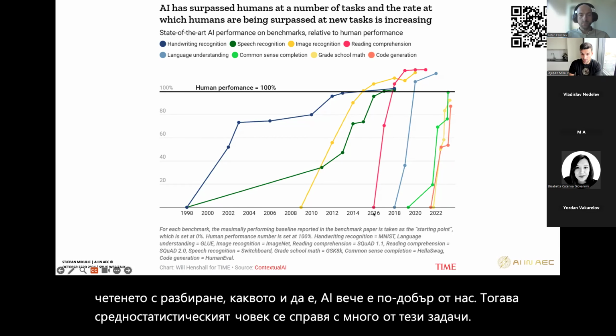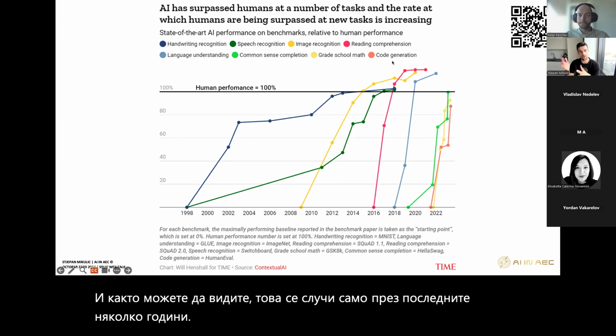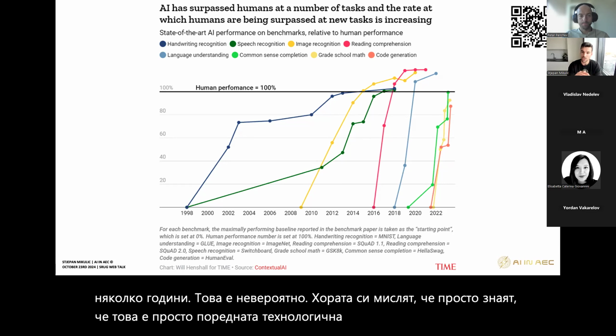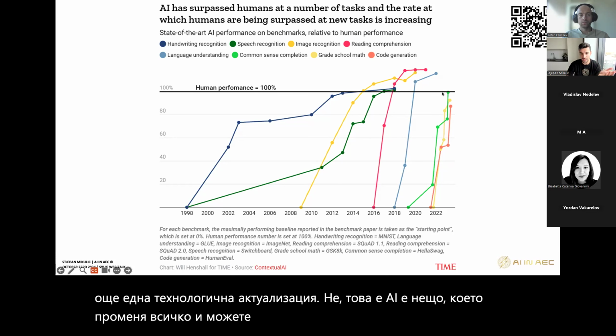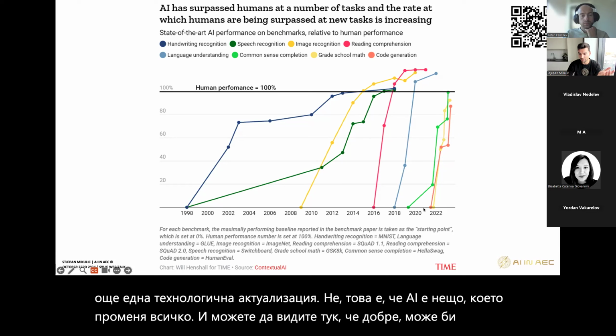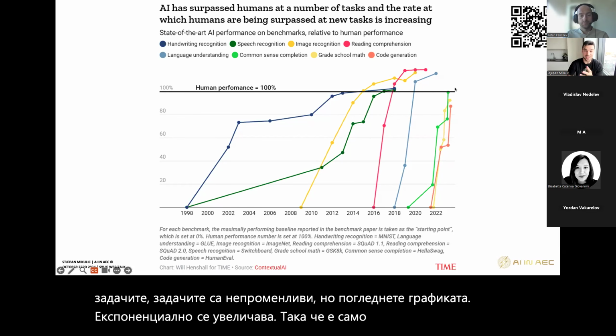And as you can see, this only happened in the last few years. This is incredible. People think it's just another technological update. No, AI is a thing that changes everything. Maybe some of the tasks aren't there yet, but look at the graph. It's exponentially rising, so it's just a matter of months or weeks before it overtakes human capabilities.